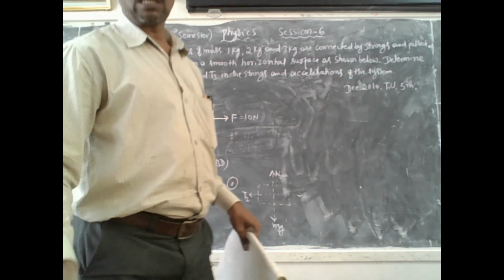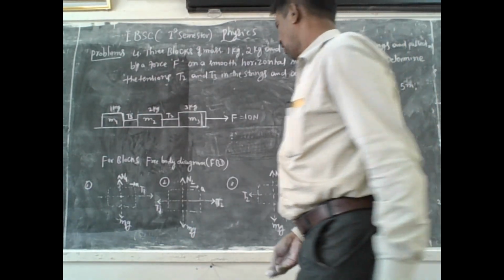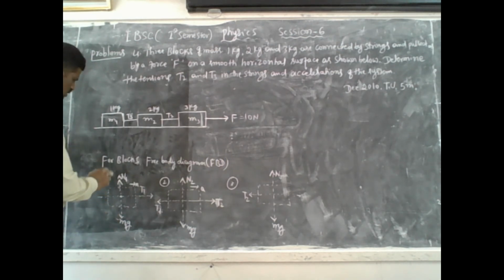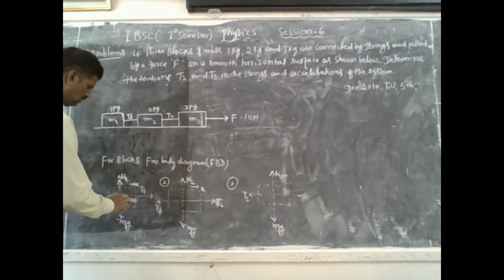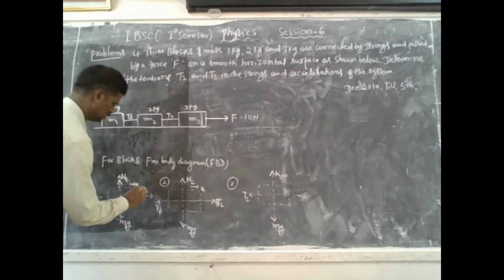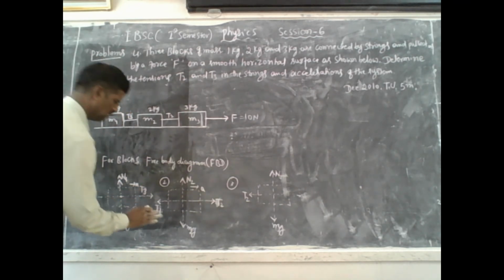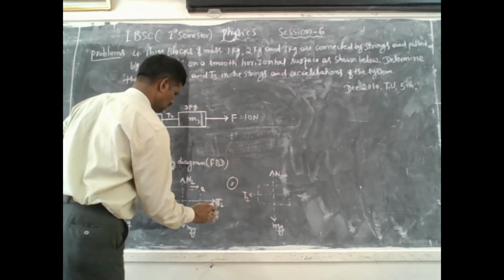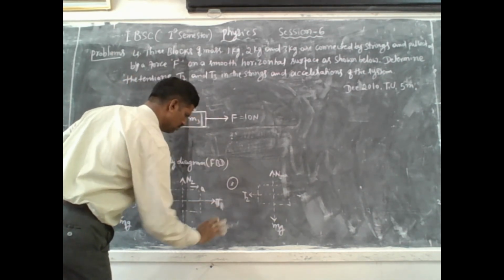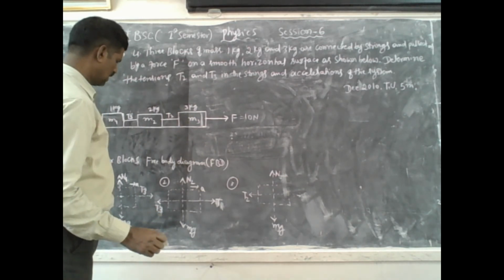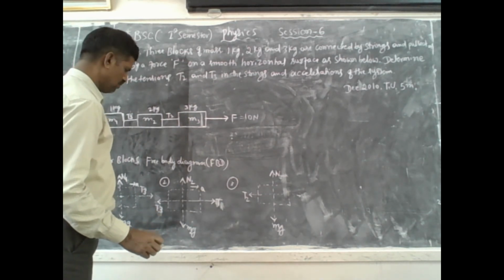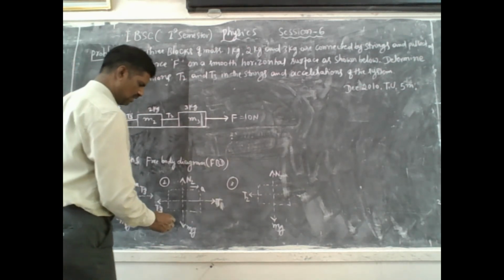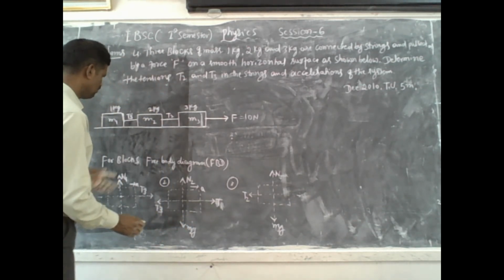So we have to construct the free body diagrams along the x-axis and y-axis. Here is M1 and here is T3. Here also T3 is there. The free body diagrams were already written for the first problem, so that is used here, and both are the same.